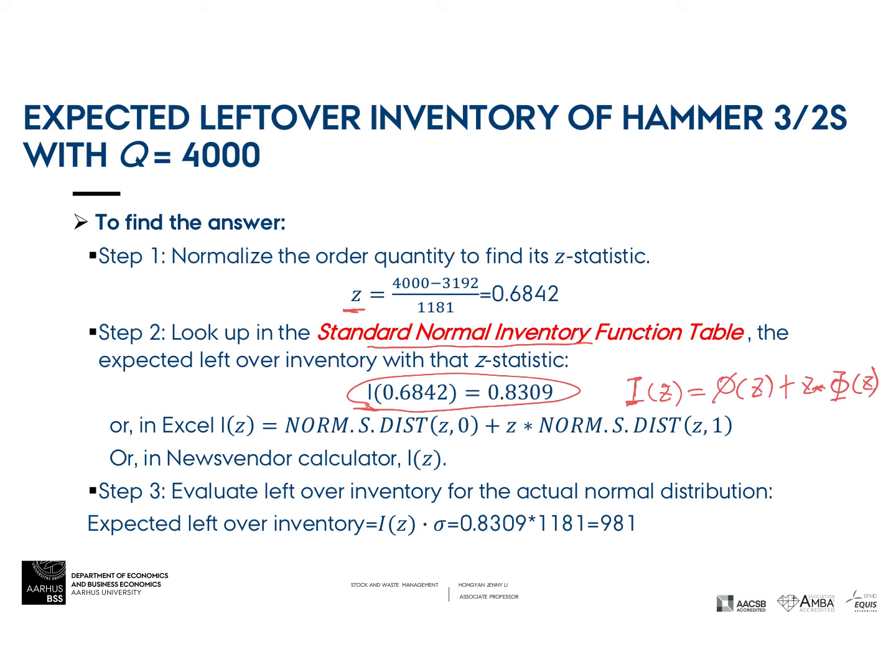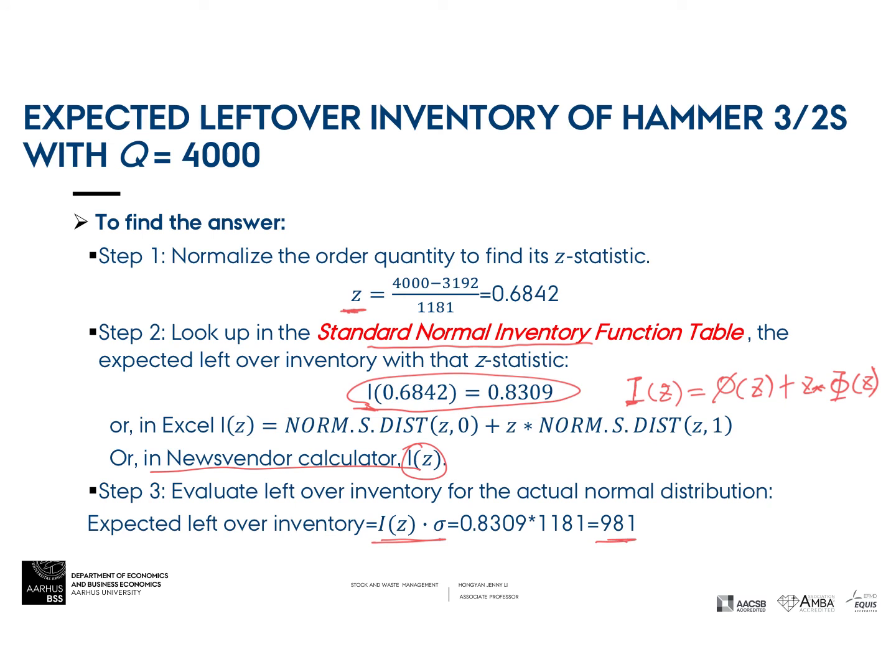So that's how you calculate expected leftover inventories. It's not necessary that you know these formulas. In the newsvendor calculator, you can directly calculate this leftover rate for your problem given the critical value of zeta. And then in step 3, you just multiply this leftover inventory rate by your standard deviation, then you find the expected leftovers.